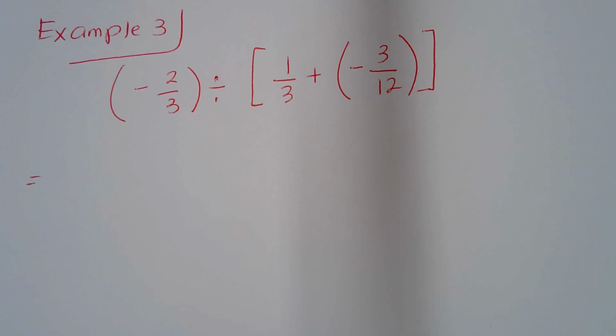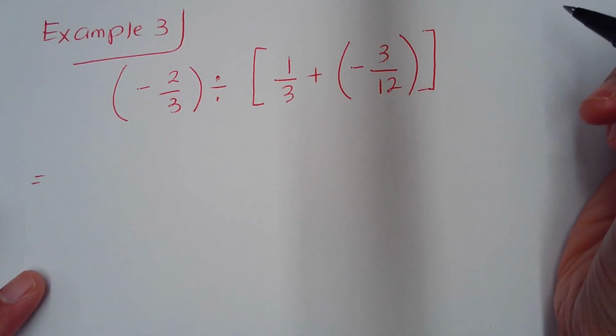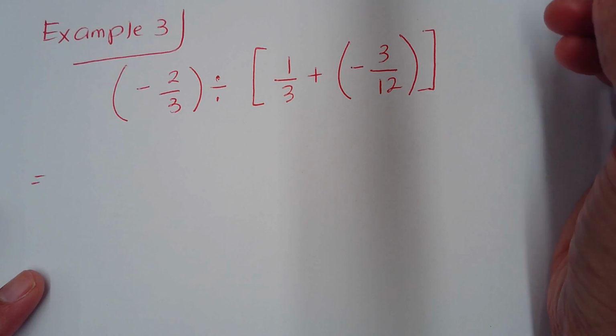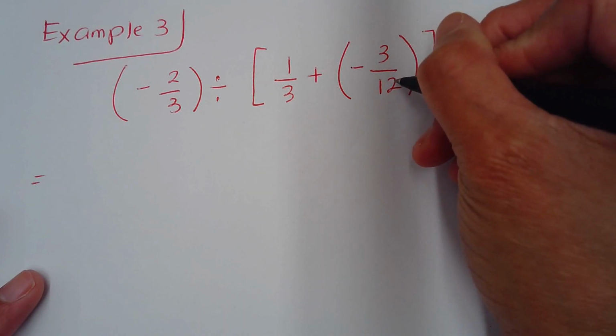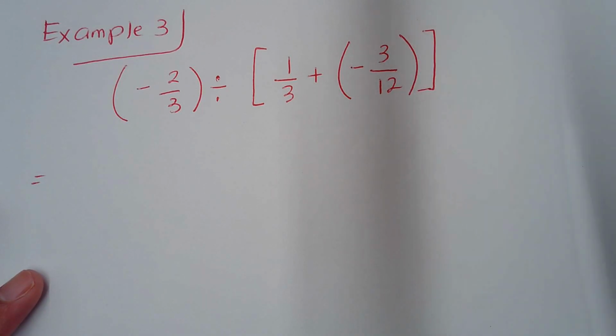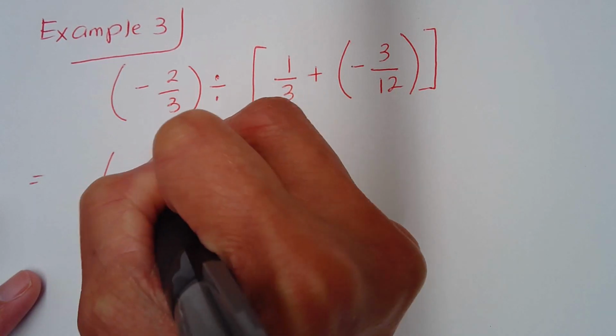Carl, you see something that needs to be reduced? 3 and 12, okay. How can we reduce 3 and 12? 3 twelfths. Divide by 3. So what's that equal to? 1/4.